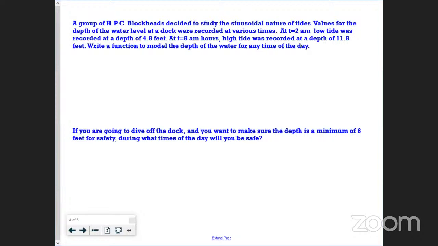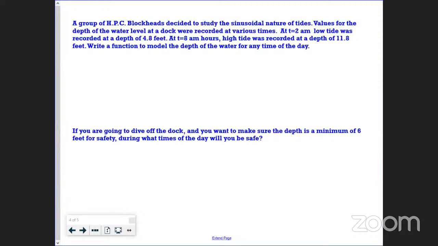Why am I not connected to the Wi-Fi? I think it's right. What'd you get? 8.3. Is that right? Yeah, it should just be those two divided by 2. And what would be the period? Mine says 5. It's 12 hours.